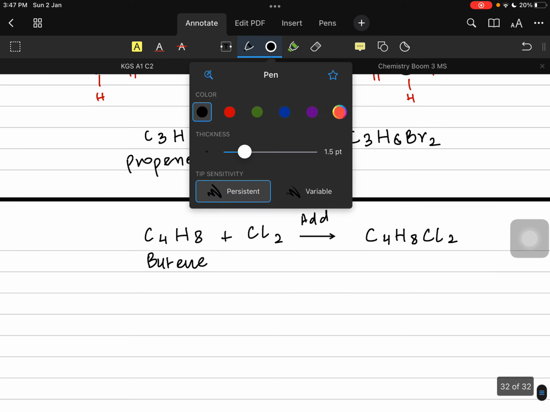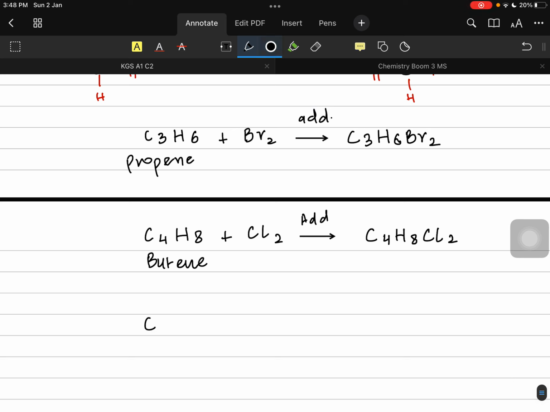For example, if it was C4H8, which is again butene, and it reacts with hydrogen in addition reaction, it's addition of hydrogen. What happens is that you keep the number of carbons the same, but you notice that two new hydrogens are coming in, and already you had 8 hydrogens.